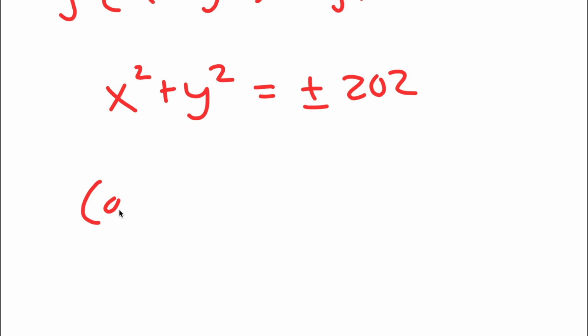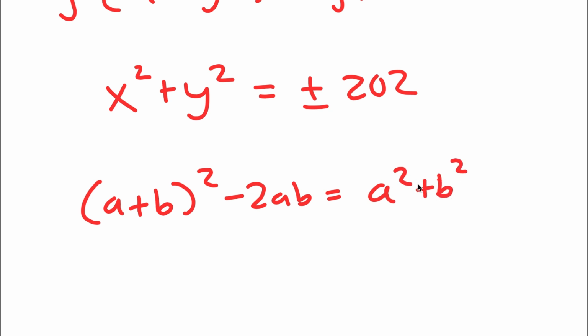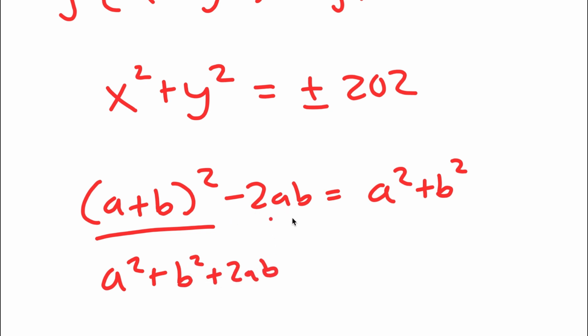Now, if I have something in the form (a plus b) squared minus 2ab, this is equal to a squared plus b squared, because (a plus b) squared is equal to a squared plus b squared plus 2ab. So if I subtract 2ab from this, all I'm left with is a squared plus b squared.